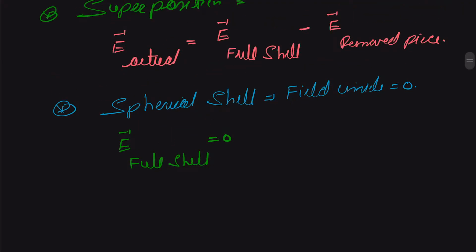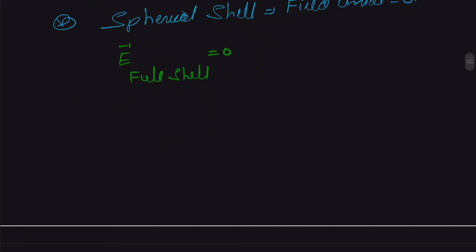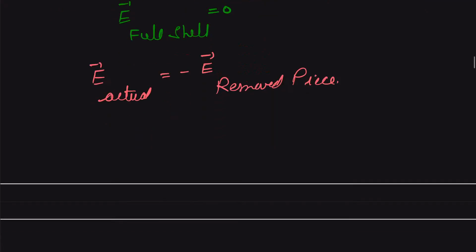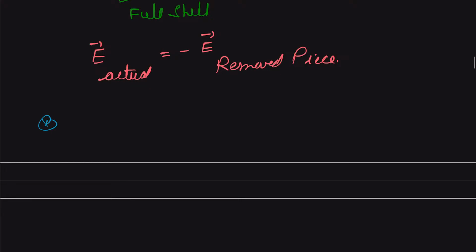So we put 0 in this part, and this gives us that our actual electric field will be equal to minus, or negative, of the electric field of our removed piece. Okay. So let's find out what will be the electric field because of the removed piece. Okay. So we come to the field of the removed piece.